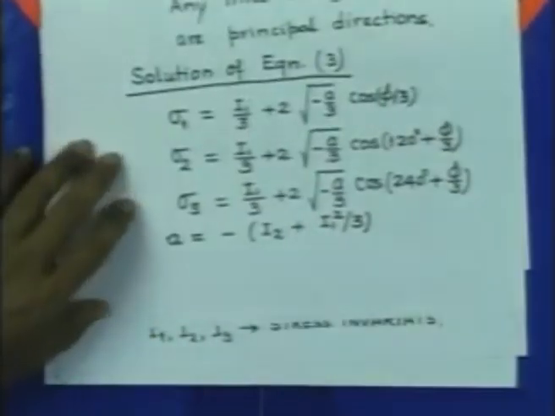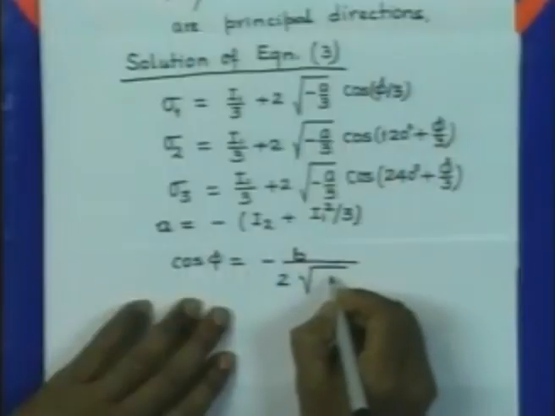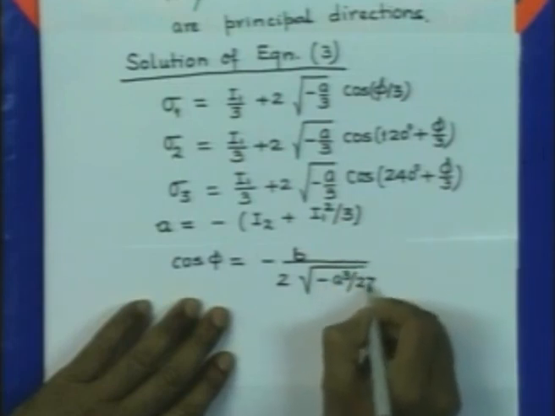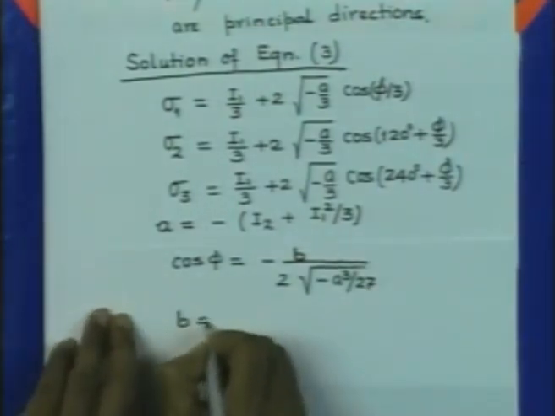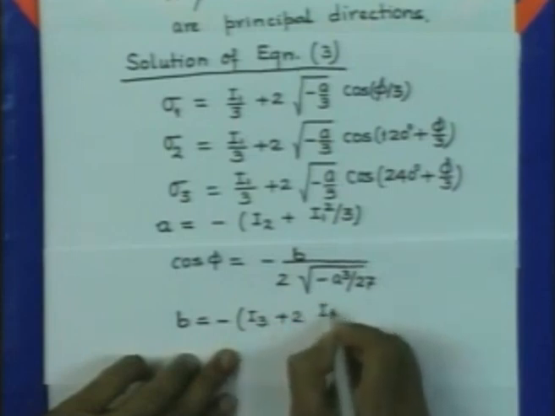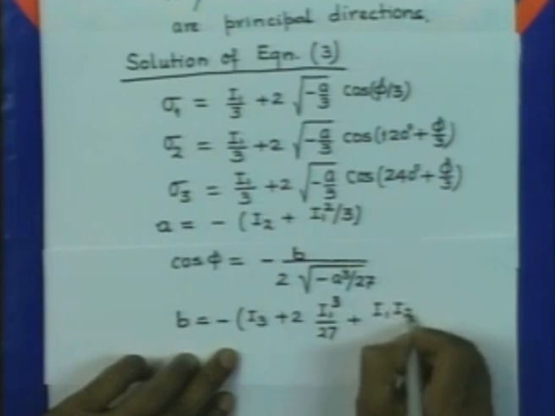and we have cosine phi equal to minus B by 2 times square root of minus A cube by 27, and this B is given by minus I3 plus 2 I1 cube by 27 plus I1 I2 by 3.